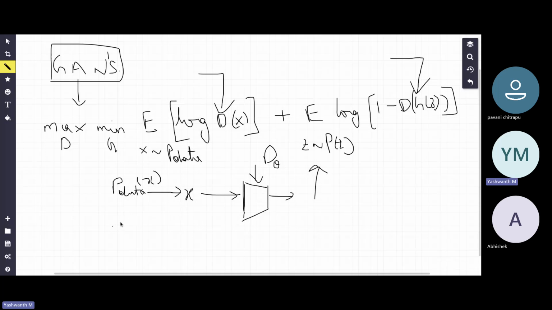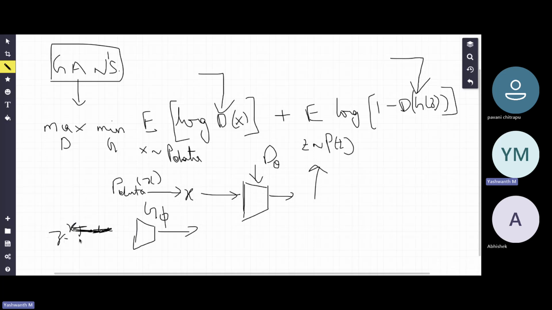And when we sample an image, called a fake image, this fake image comes from another network called the generator G, with parameters phi. This should generate from random inputs.